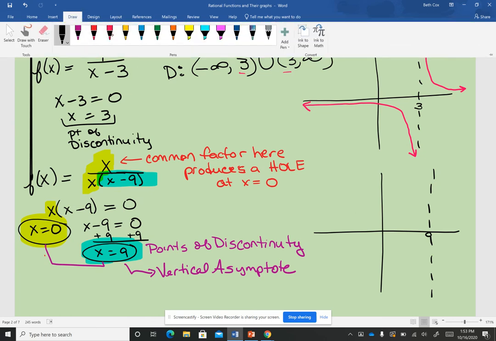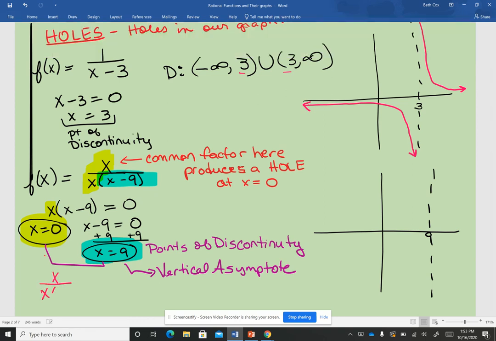So if I cancel those x's out and then plug in the 0, then I get -1/9. So the point (0, -1/9) is actually my hole.